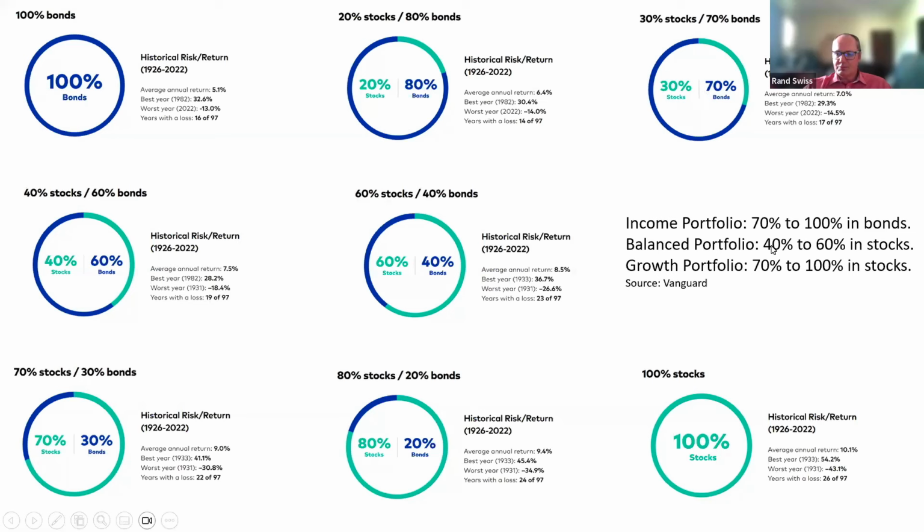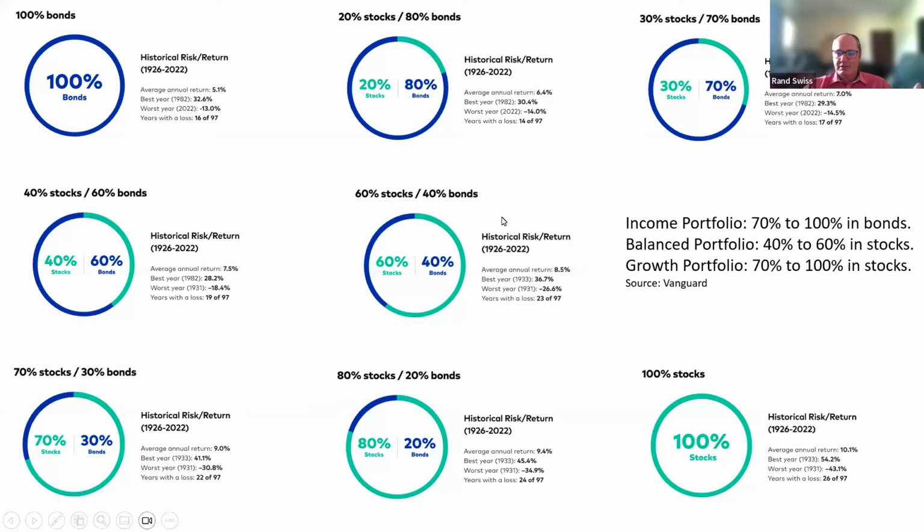A balanced portfolio is anything between 40 and 60% in equity or stocks. So here I've just taken the two extremes, and this is thanks to Vanguard. This slide, by the way, I took from a Vanguard report. Here you can see 40% in stocks, and there's a little bit of a higher risk on this one, 60% in stocks.